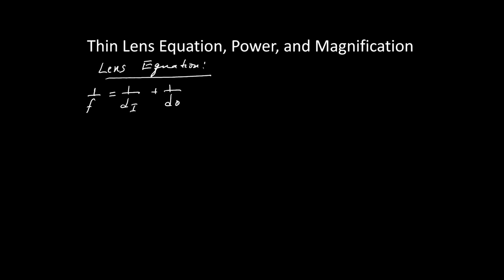And remember now, f and di are less than 0. So let's see where di lands, given what do and f are. Let's solve for di. 1 over di equals 1 over f minus 1 over do. Same math as before. Nothing changes in the algebra.